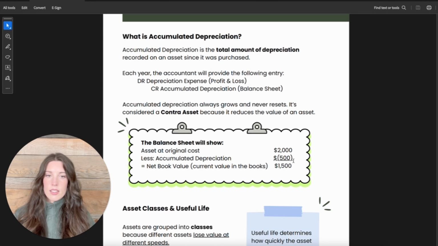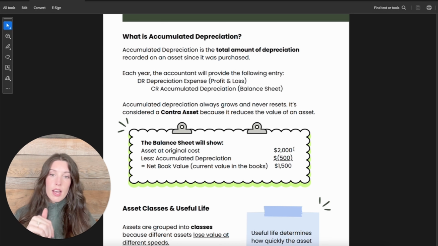In this example, we have an asset for $2,000, and $500 of depreciation has been booked so far. So the net value of this asset sitting on our books is $1,500. We never reduce the asset's value by touching this first line, the asset cost. We only reduce the value by booking accumulated depreciation.